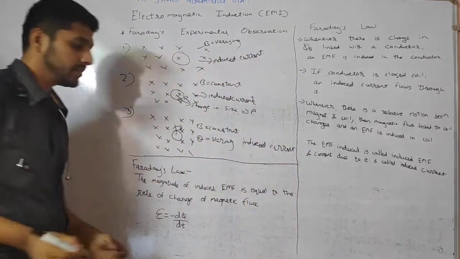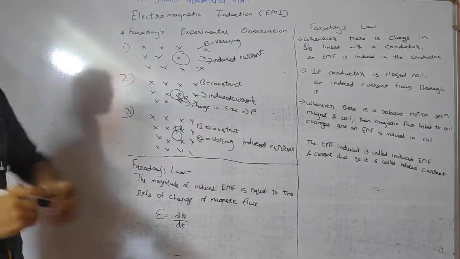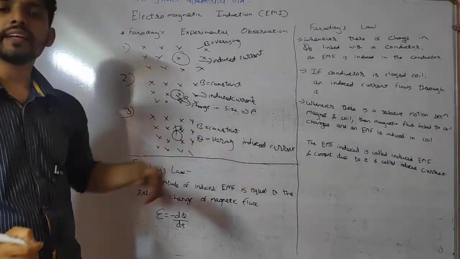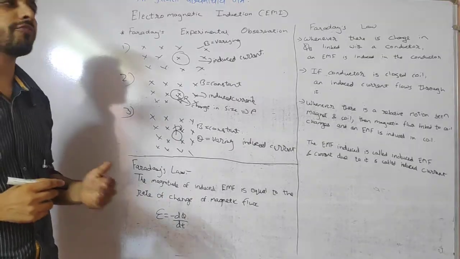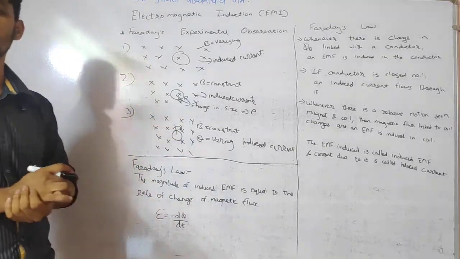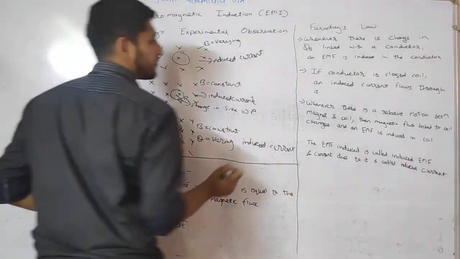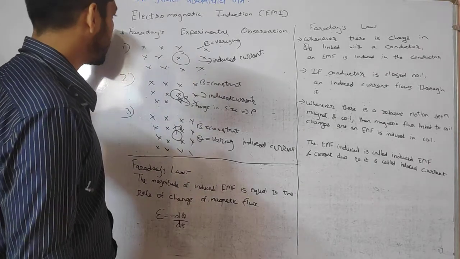From this you can conclude that on varying the magnetic field, or on varying the size, or on varying theta, there was some amount of induced current found in the conductor when it was connected to a galvanometer. Let me show this, just copy it very fast.